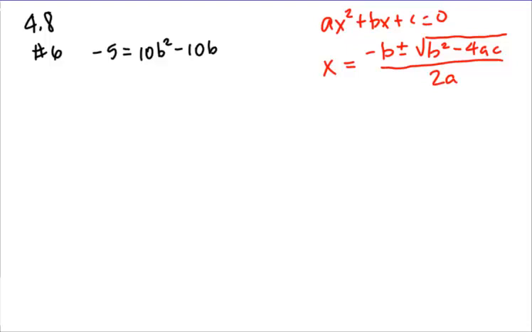So, if you look at number 6, you'll notice that I don't have a 0 on one side or the other. And it doesn't matter which side of the equation you put 0 on. We just need a 0.